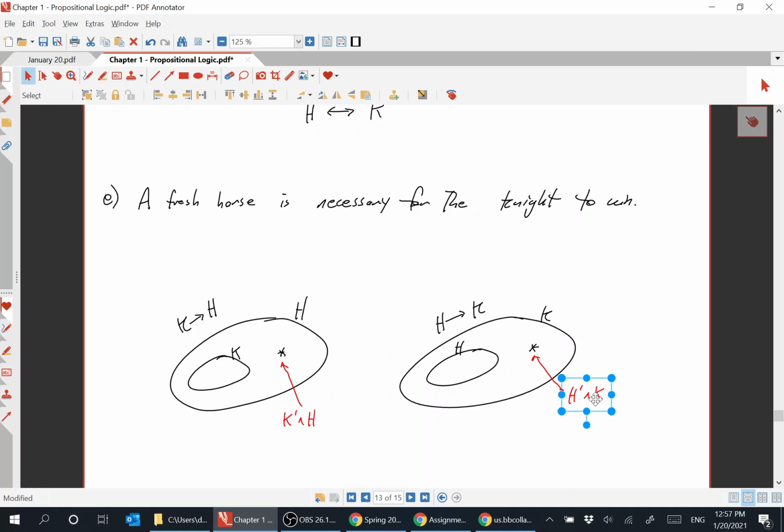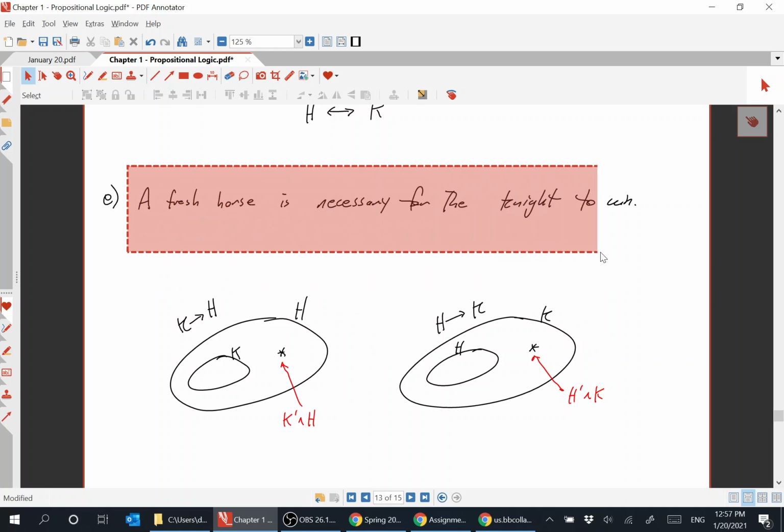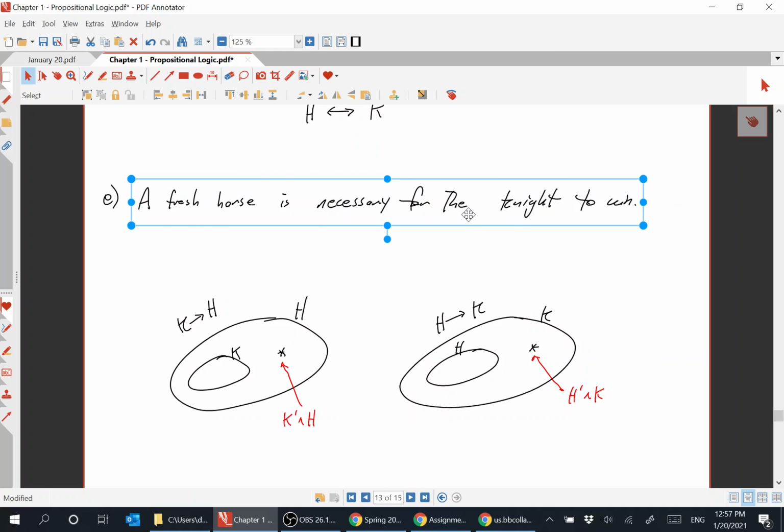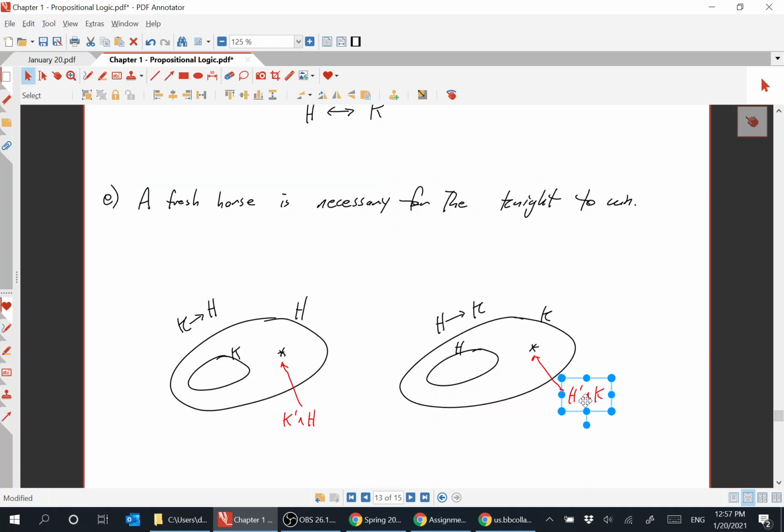A fresh horse is necessary for the knight to win. Here the knight won with a tired horse. Here, the knight lost, but his horse was fresh. Which one contradicts the idea that a fresh horse is necessary for the knight to win? H implies K. Well, this one, the knight won with a tired horse. So yeah, H implies K is the wrong one.